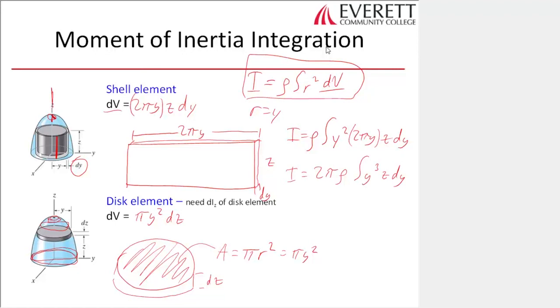Is every piece on this disk the same distance from this axis? If I were to draw a little dot, is that on the disk? Is it the same distance from the z-axis as this dot? No.